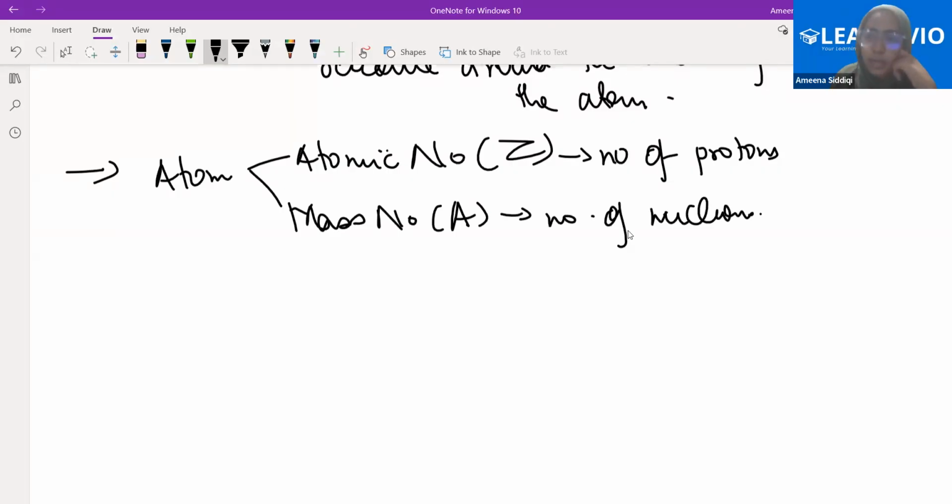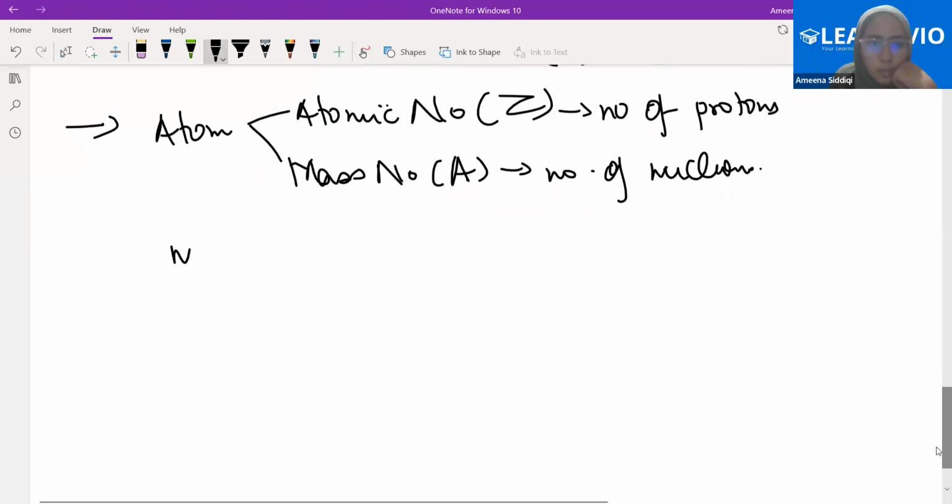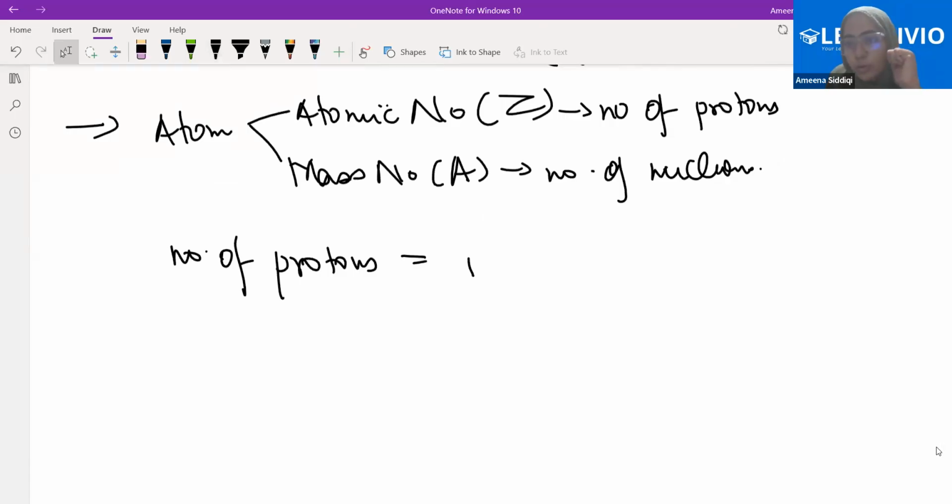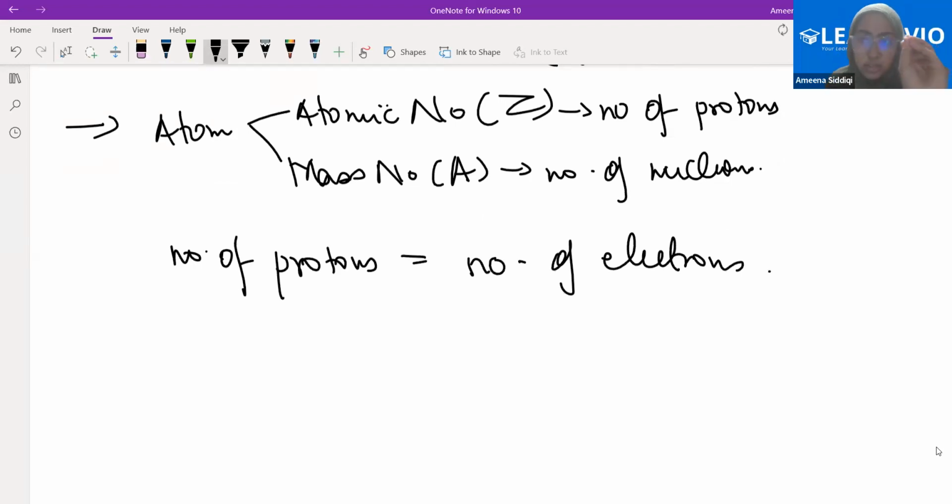Now let's try to understand these. The number of protons is also equal to the number of electrons. Why? We learned just now that the charge on one electron and the charge on one proton are equal but opposite.